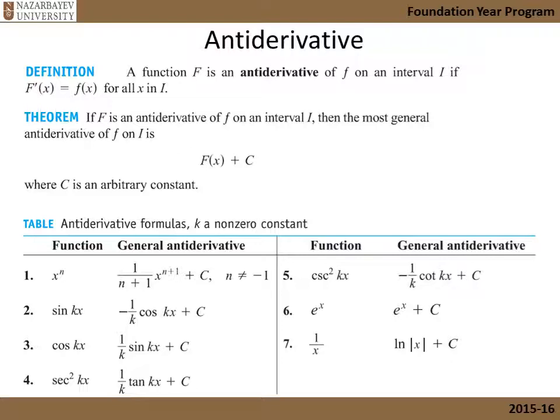If we have the function e to the power of x, our antiderivative will be almost the same, e to the power of x plus c. So it means that this function will be the same if we calculate the derivative or antiderivative.